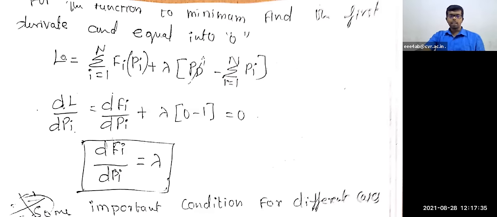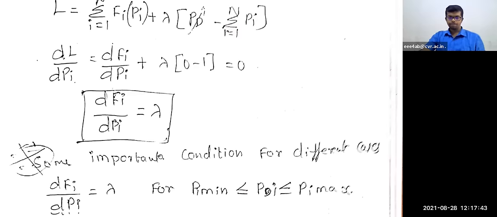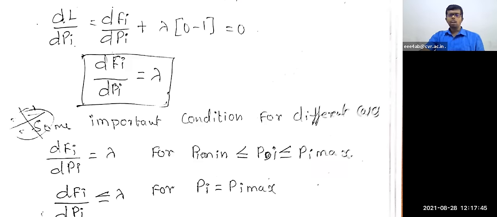I'm differentiating and equating it to 0. While differentiating, you will get dFi divided by dPi is equal to lambda, for Pi minimum less than or equal to Pi less than or equal to Pi maximum. That is, whatever power is generated should be within the minimum and maximum operating limits.